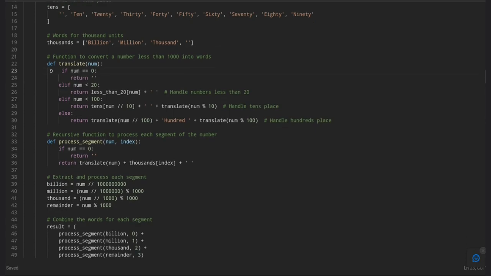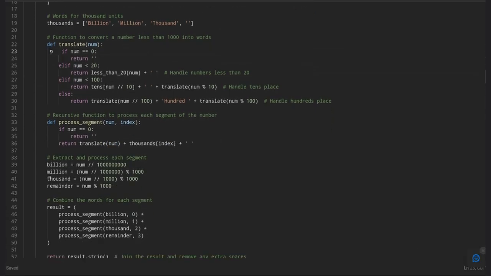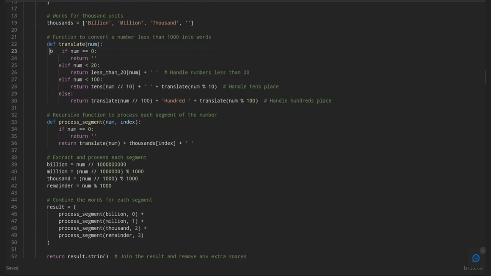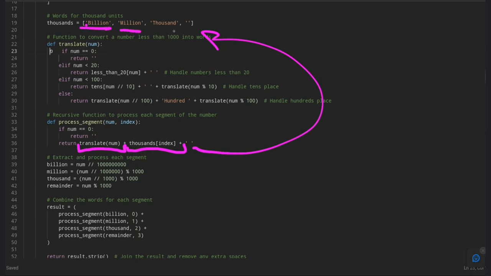This was it. And now we began by separating the billions, the millions, the thousands, and the remainder. We call each one a process segment, and with each process segment, we translate the number itself, and then we append to it the suffix, which is either billion, million, or thousand.